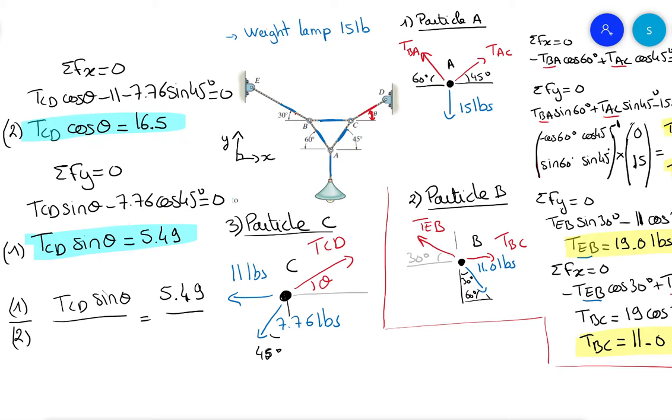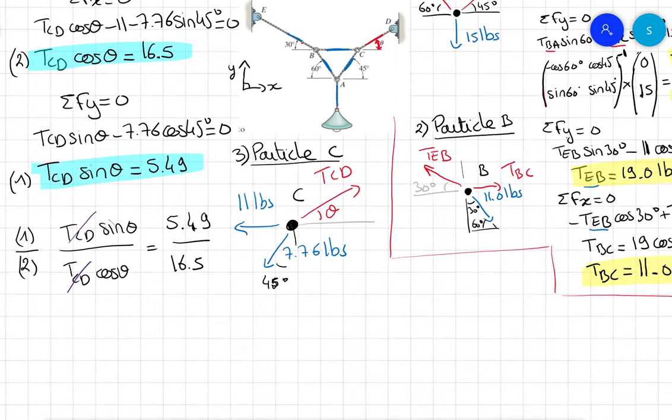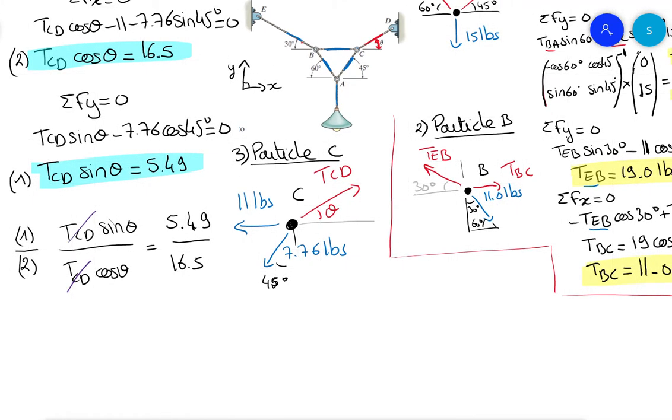Second equation, TCD cosine theta is equal to 16.5. And sine theta divided by cosine theta is tangent theta, equal to 5.49 divided by 16.5. And you solve for theta using the inverse tangent. So inverse tangent of this one divided by this one. That gives you 18.4 degrees.